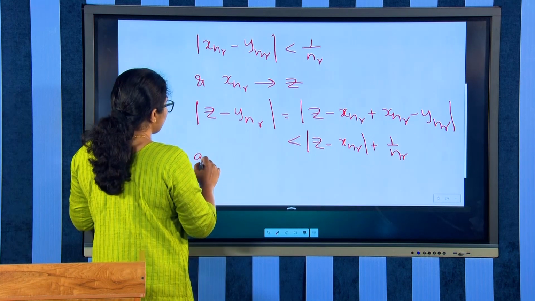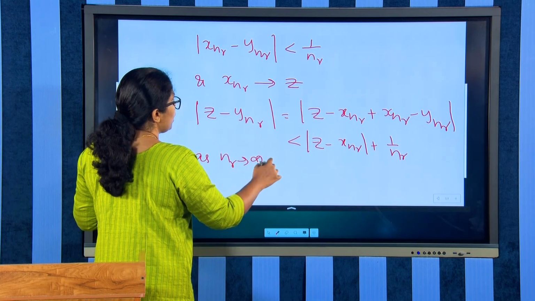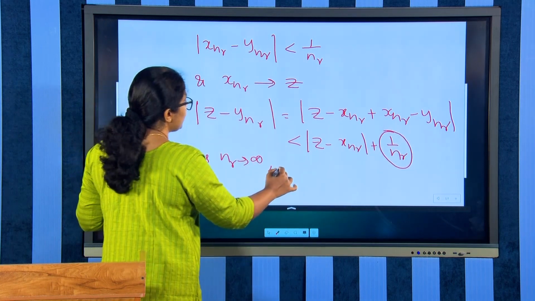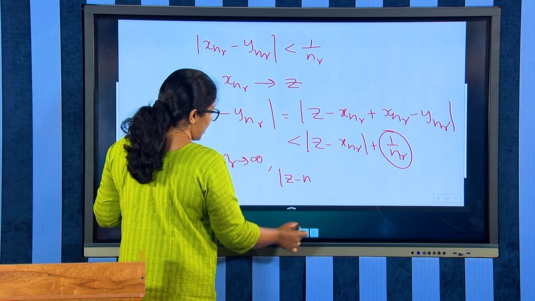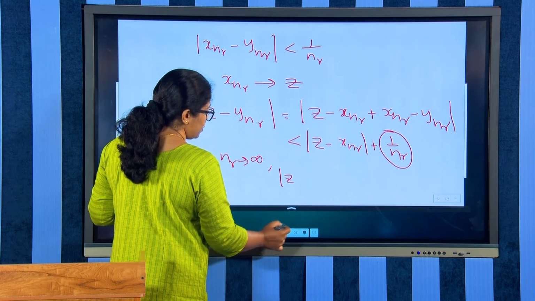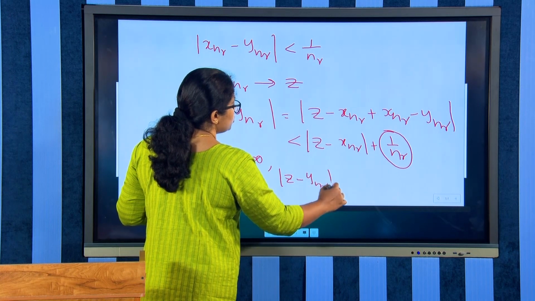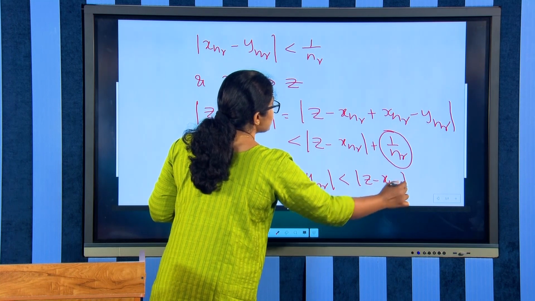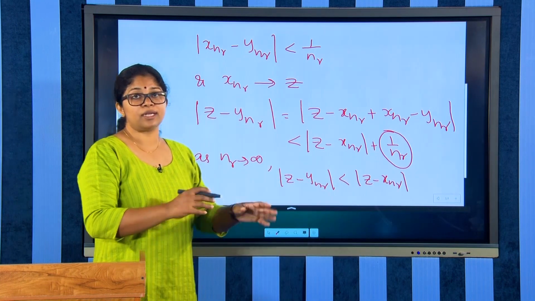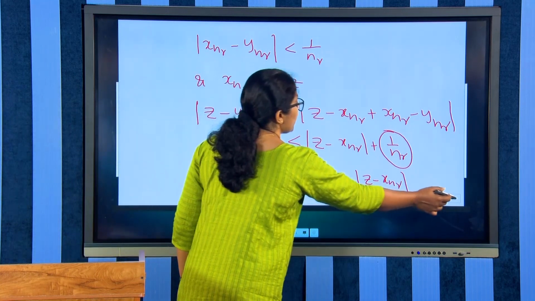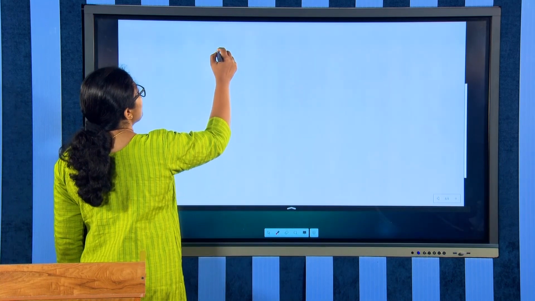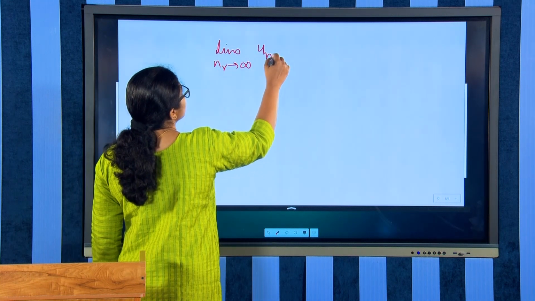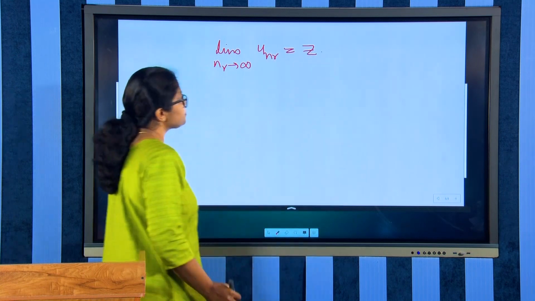As nr tends to infinity, 1 by nr goes to 0, and since xnr converges to z, this forces ynr also to go to z. So the limit of ynr as nr tends to infinity is also z.